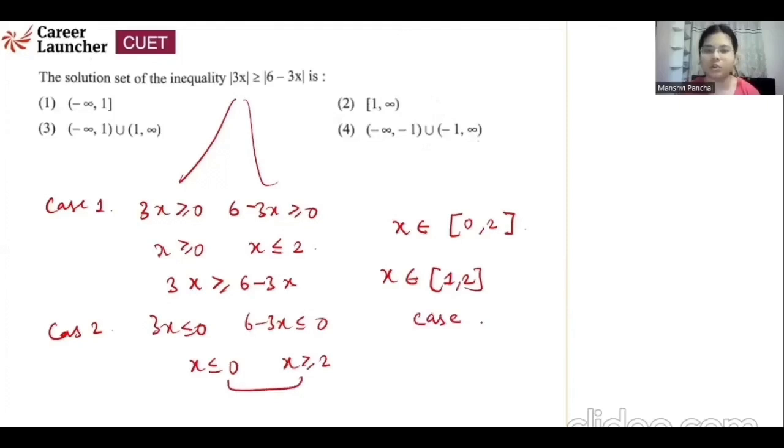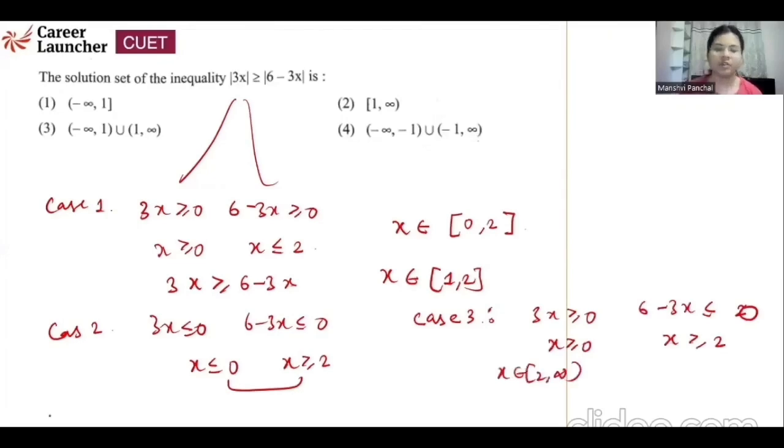Then we have case 3, that one expression is non-negative and the other is negative. So it means that 3x ≥ 0 and 6 − 3x ≤ 0. This will give you that x ≥ 0 and x ≥ 2. So x belongs to [2, infinity).